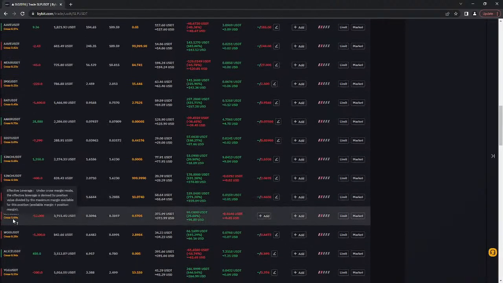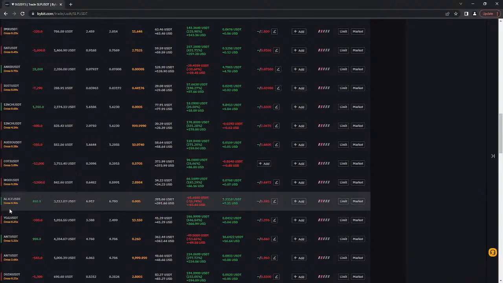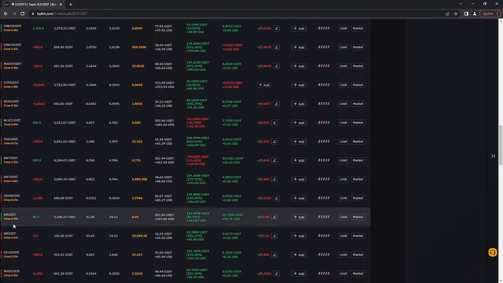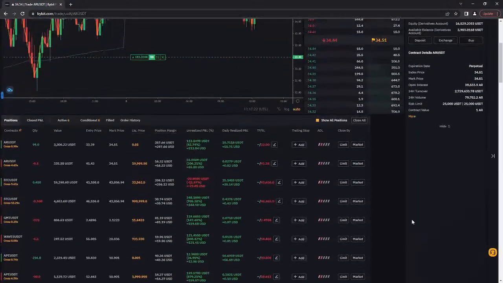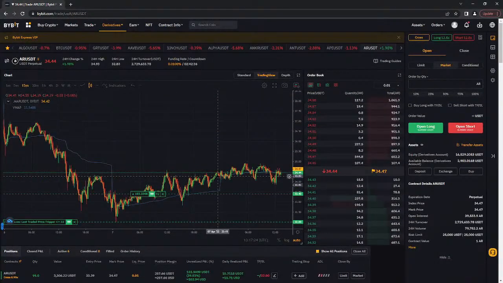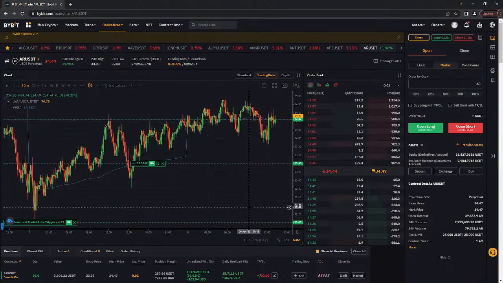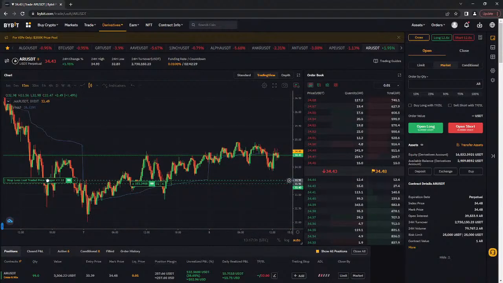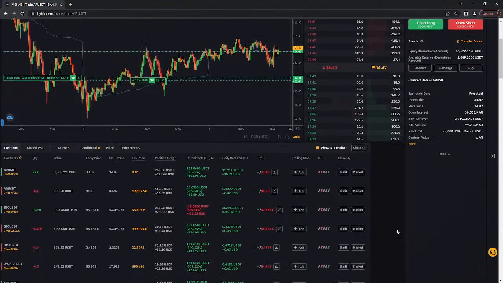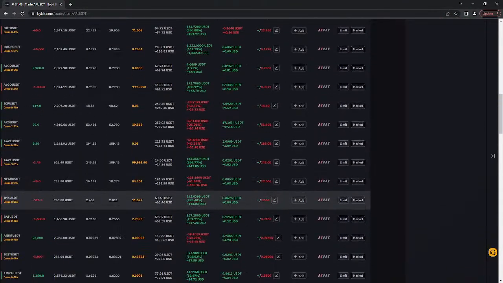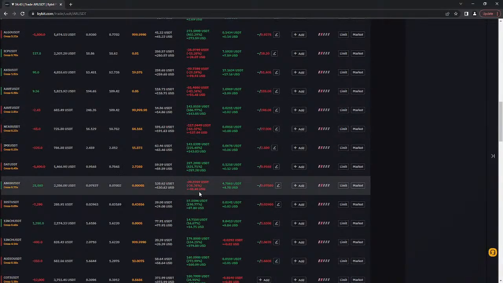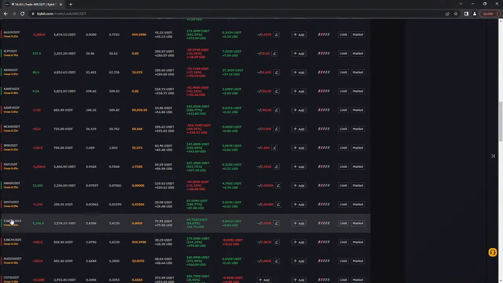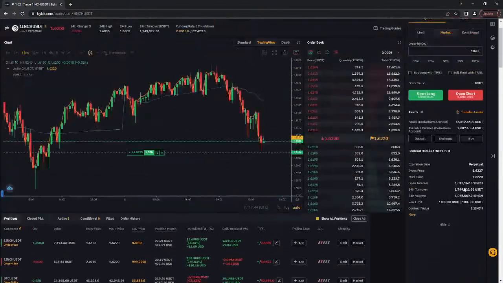One inch is still in profit. AR is still in reasonable profit. We might do this. It's one less loss. I don't think it's really worth it to do that on 1 inch.